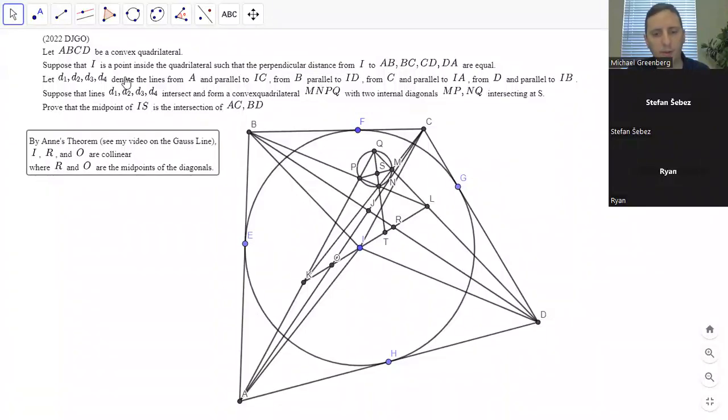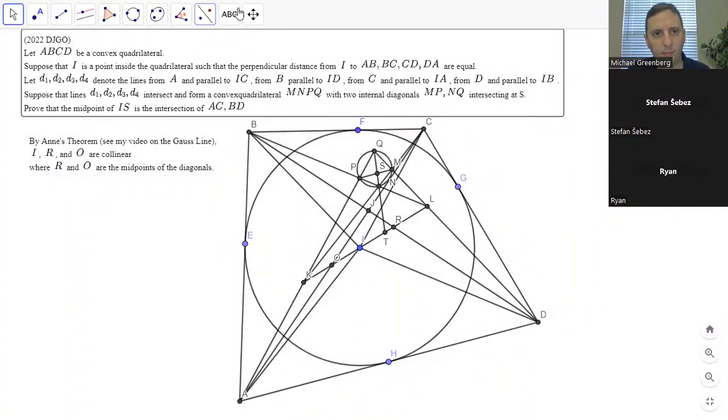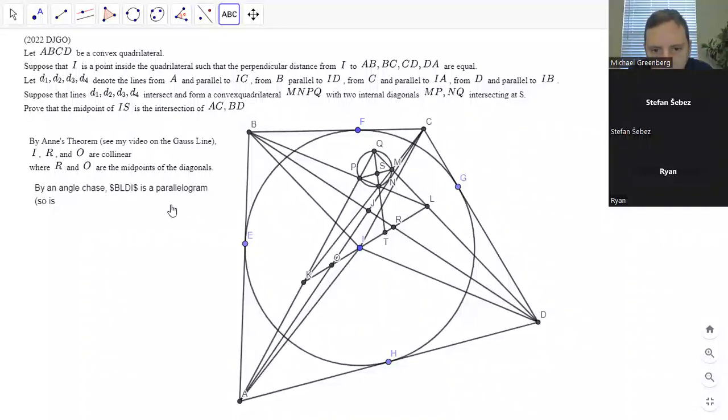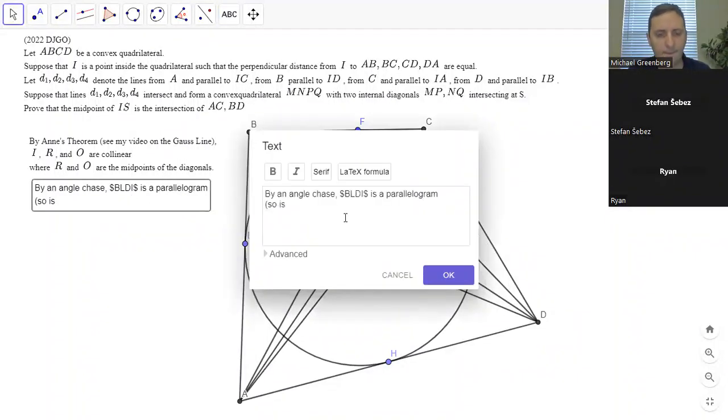BLDI is a parallelogram, and so is CKAI. Actually, I'll just say by the parallel lines. It's not even really an angle chase.